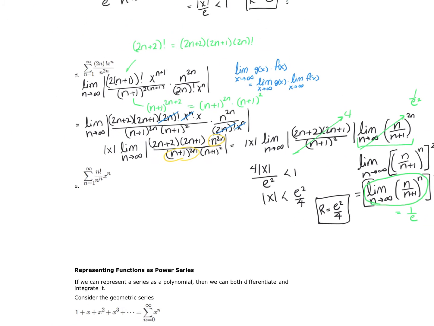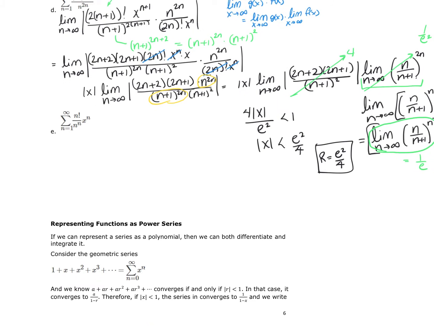All right. Let's take a look at my next example. I'm going to set it up, and then I'm going to give you the answer. The limit as n goes to infinity of the summation from 1 to infinity.